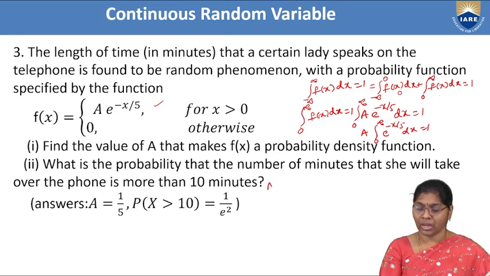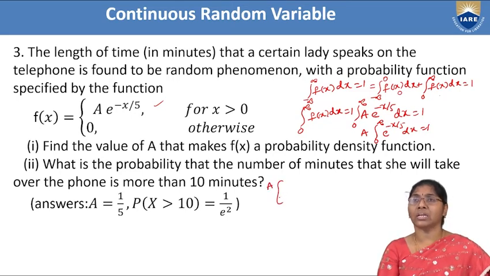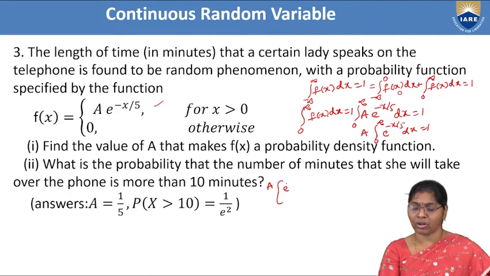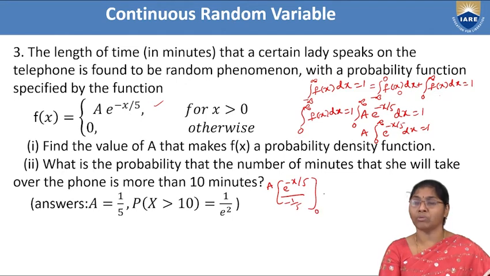That means a into the integral of e power minus x by 5. The integral of e power minus x is e power minus x by minus 1. Similarly here, the integral of e power minus x by 5 is e power minus x by 5 divided by minus 1 by 5, with the lower limit 0 and upper limit infinity.